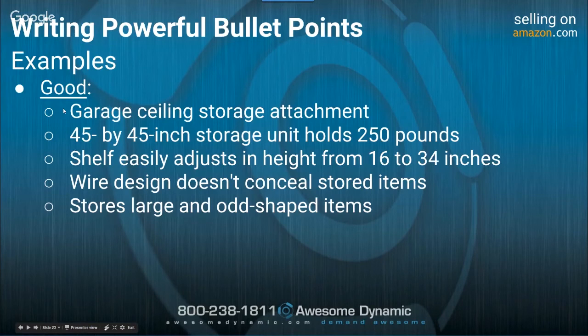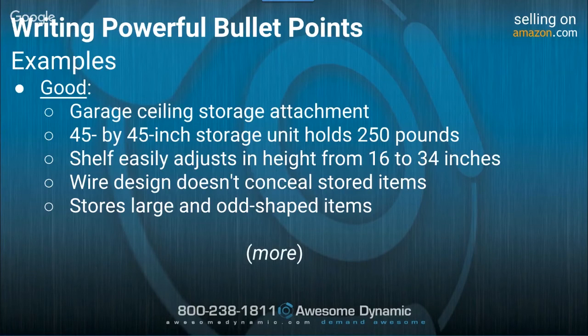But this tells me at a glance probably 90% of the information that I need to know to be able to make that buying decision. And if I did want to know more, more information is going to be in the product details or in the product description further down the listing. So this is a very effective example of great bullet points.